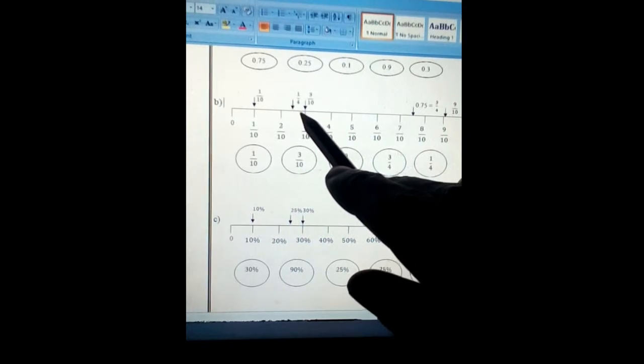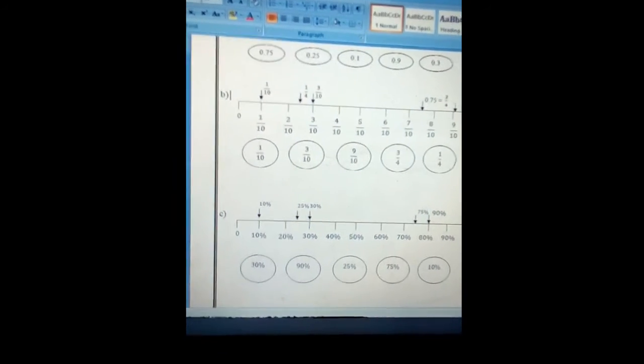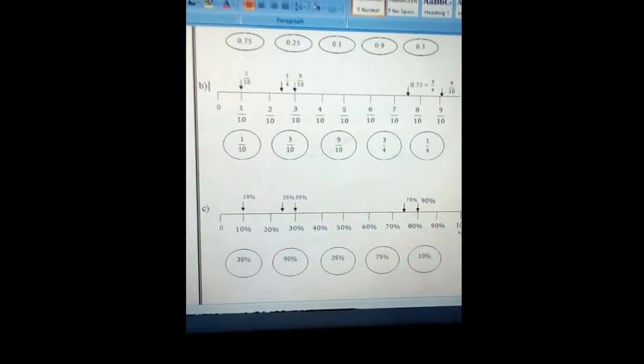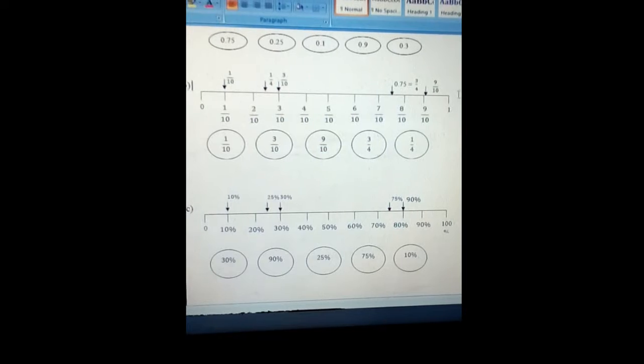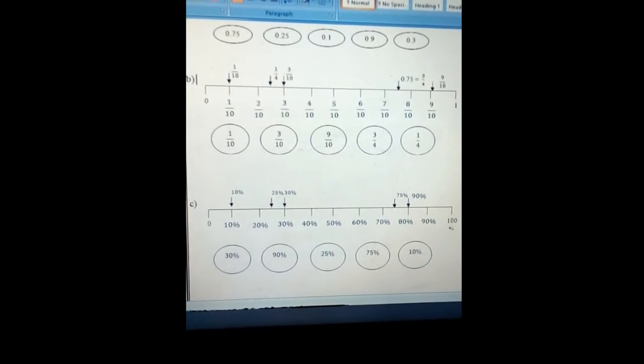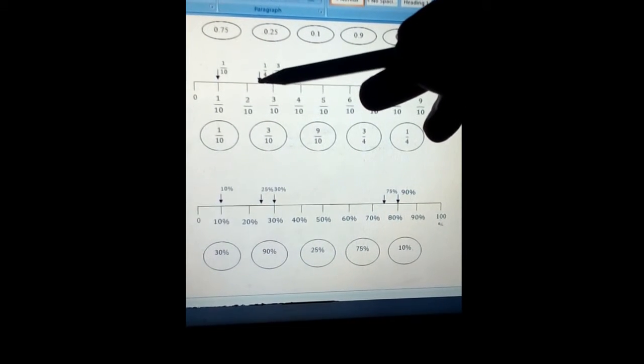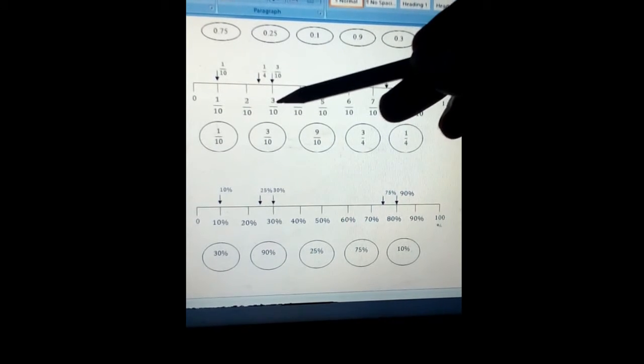If we divide 1 by 4, we get 0.25. So 0.25 is in between 2 by 10 and 3 by 10.